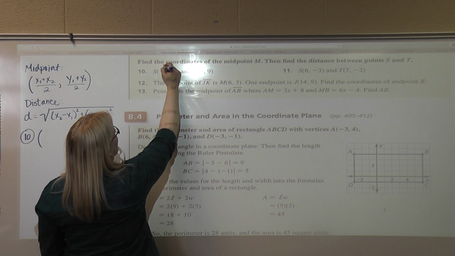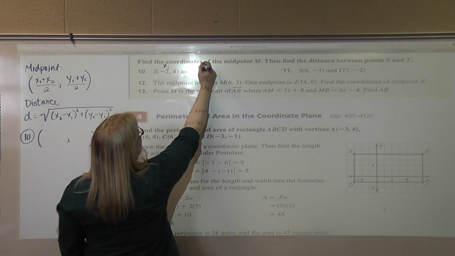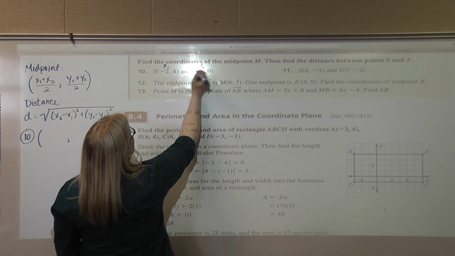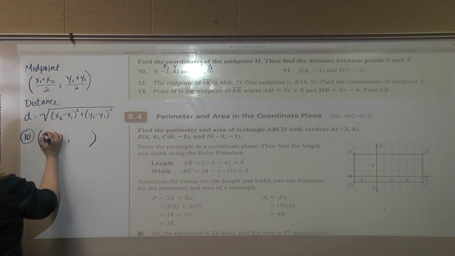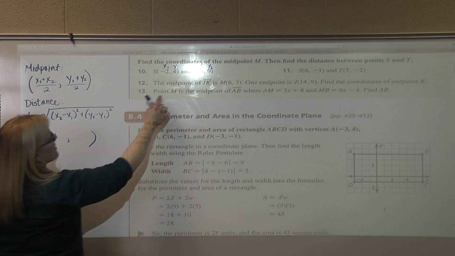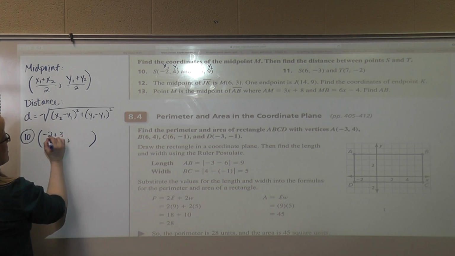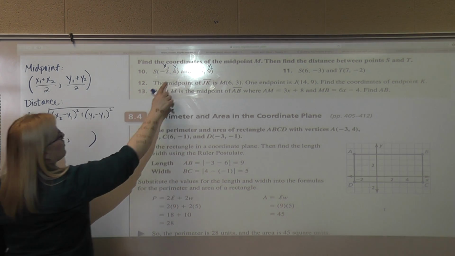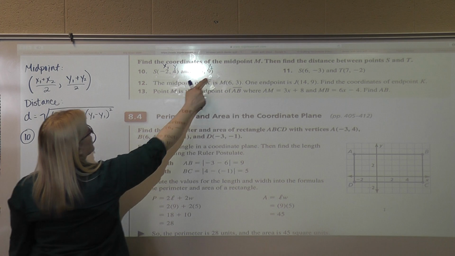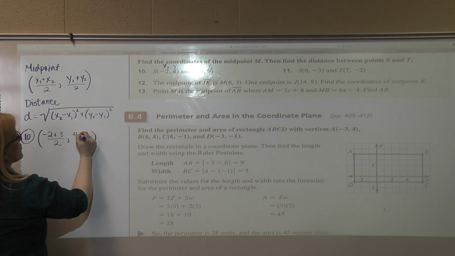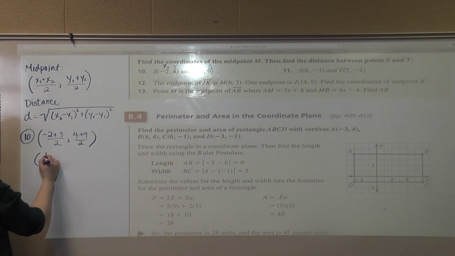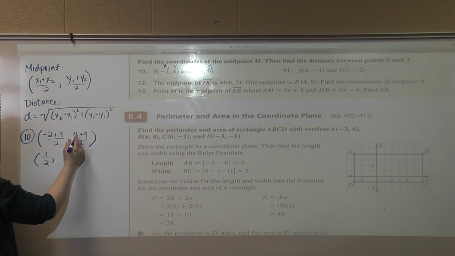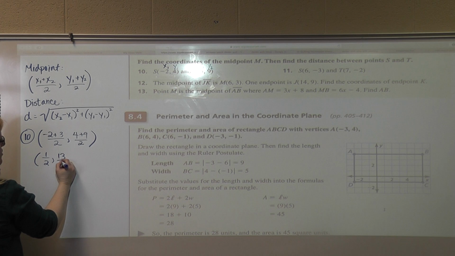We can say this is x1, x2, this is y1, y2, and (x1 plus x2) over 2, and y1, which is 4, plus y2, which is 9, over 2. So the answer to 10 is 1/2. 9 plus 4 is 13, so we have 13 halves.